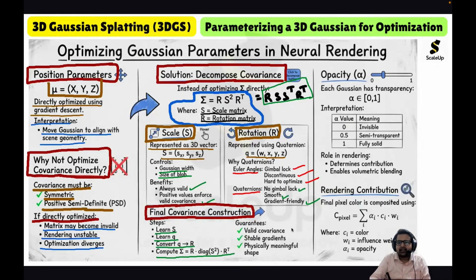So it guarantees valid covariance. It guarantees stable gradients. And it guarantees physically meaningful shape.